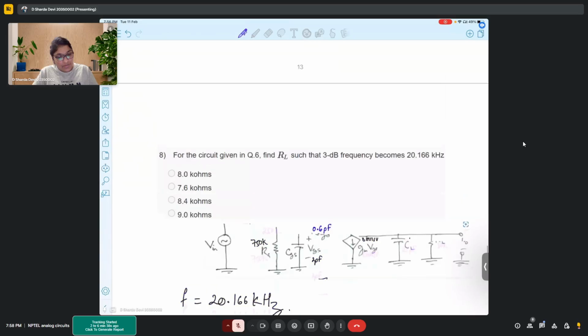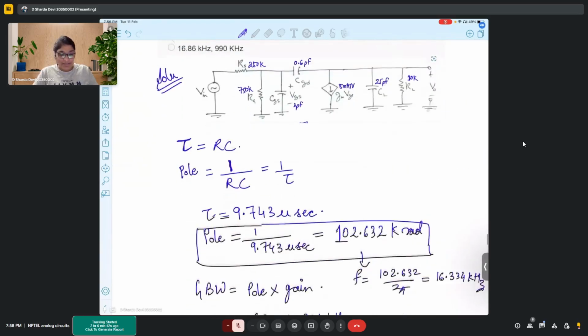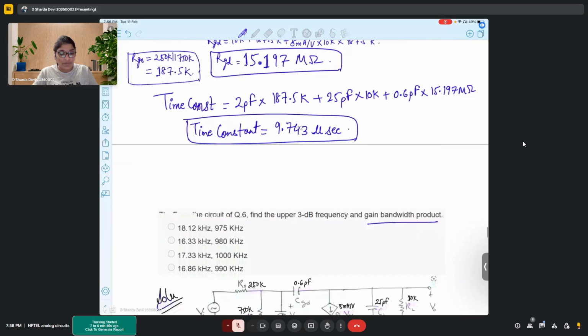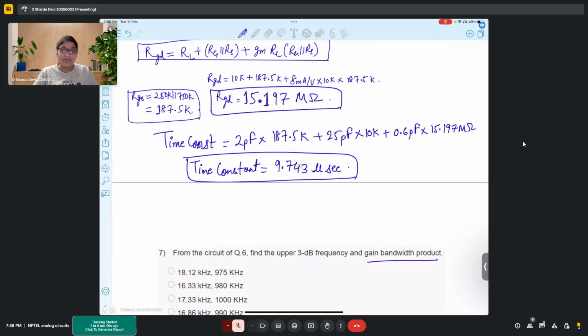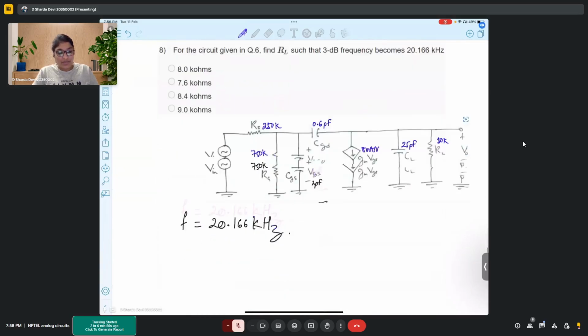Here we have to go backwards. From F we will find tau, then we will substitute the tau in this formula, and from here we will calculate the value of RL. That is the process that needs to be followed.